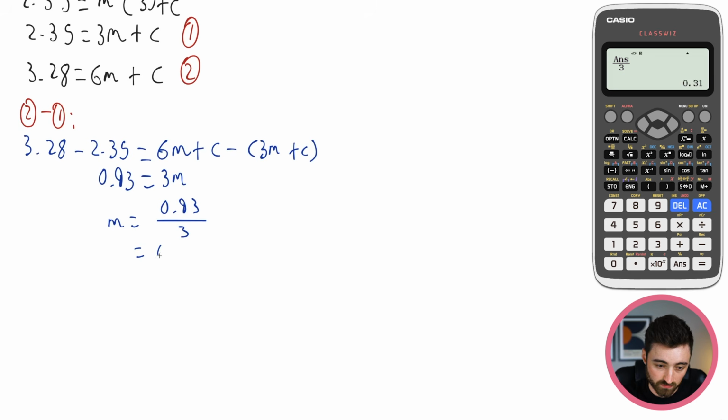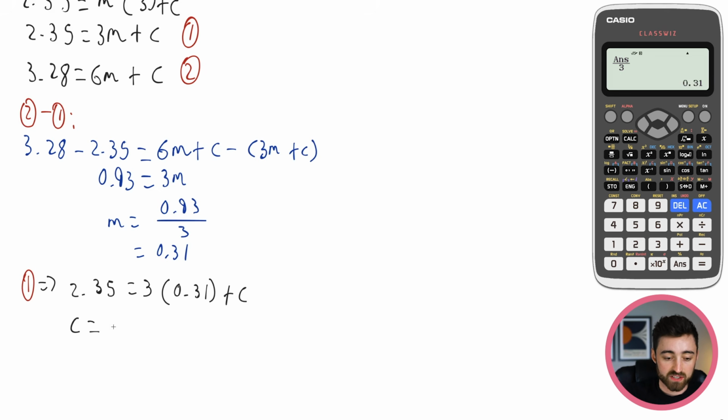Fantastic. Am I done? No, because I need to see c. Sub it into whatever you want. Why don't we sub it into equation 1? So equation 1 would now imply that 2.35 equals 3m, so 3 times 0.31, plus c. So c is going to equal 2.35 minus 3 times 0.31.